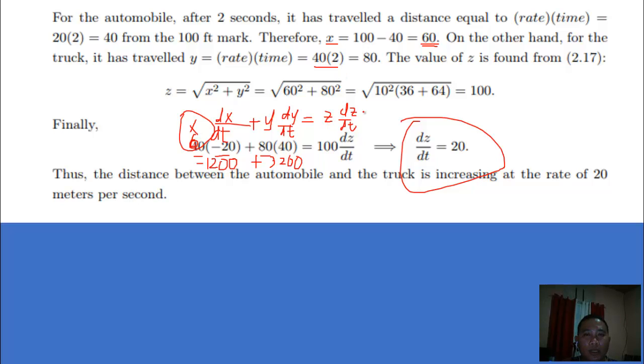And the z is 100 based on the Pythagorean Theorem or Pythagorean triples. Then you will get negative 1,200 plus 3,200 is equal to 100 dz/dt. Then we add this one, that is 2,000 divided by 100 both sides. You've got 2,000 divided by 100, which is equal to 20. It means that the distance of the automobile and the truck is increasing at the rate of 20 meters per second.